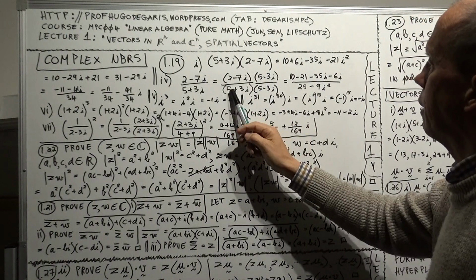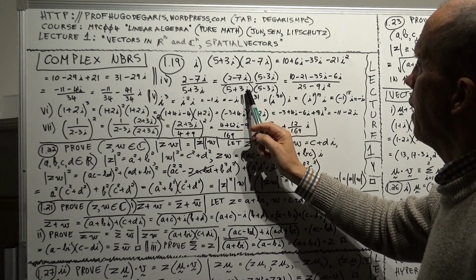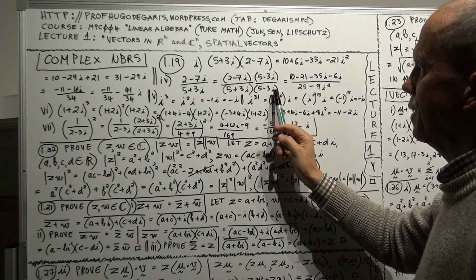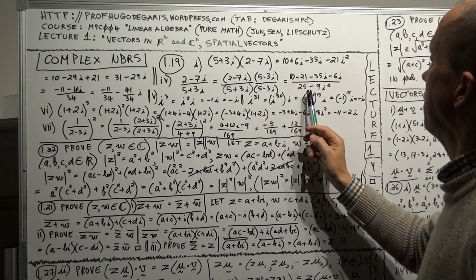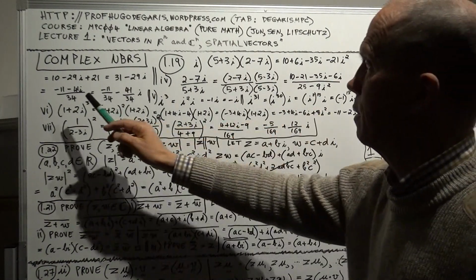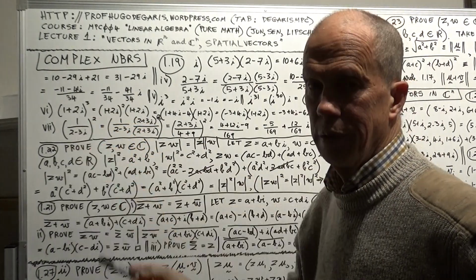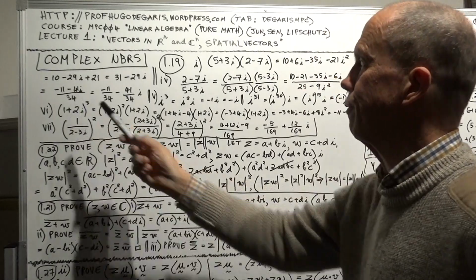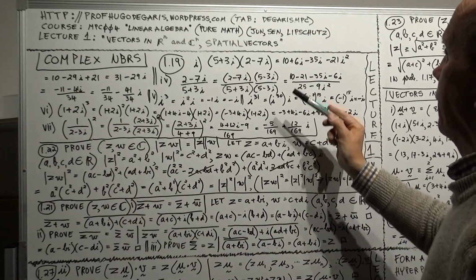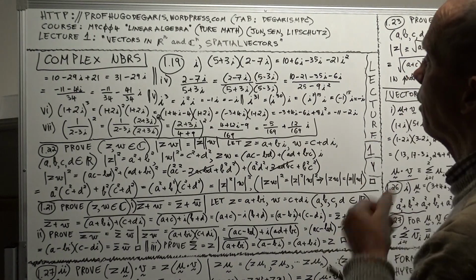So the reals, you get 25 minus 9i squared, so that's plus 9. So 25 plus 9 is 34. So you've got a real in the denominator. That's simplified things.